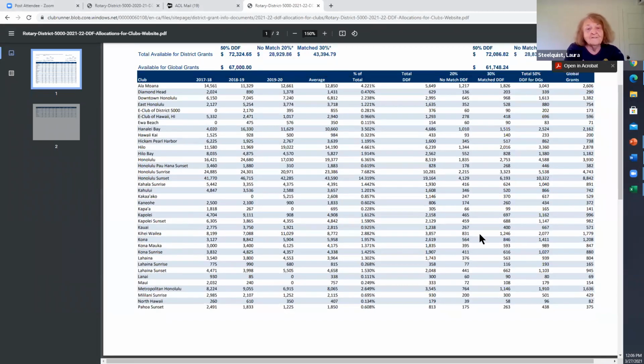But the 20% is yours for the asking. All you have to do is fill out the application and you get that DDF. And with 30%, you say, okay, our club can match that amount. And so you will get that amount of DDF and the club has to match it for the project. That's all.